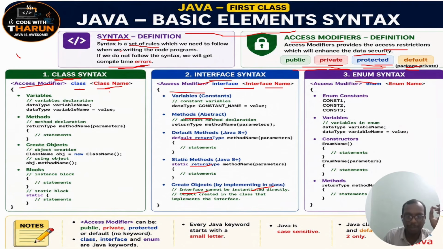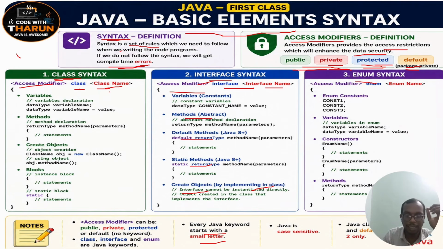Access modifiers, as we already discussed, can be public, private, protected, or default. And we discussed class, interface, and enum. These are called Java keywords. Remember that every Java keyword starts with a small letter.